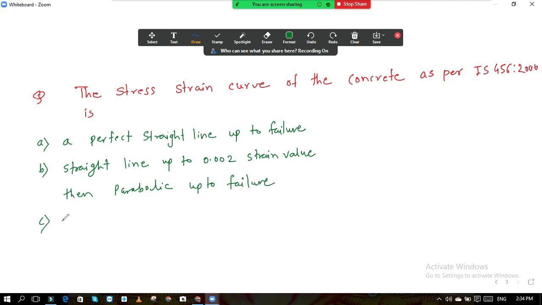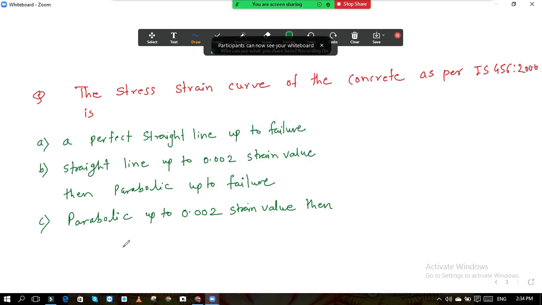And option C, parabolic up to 0.002 strain value, then uniform up to failure.